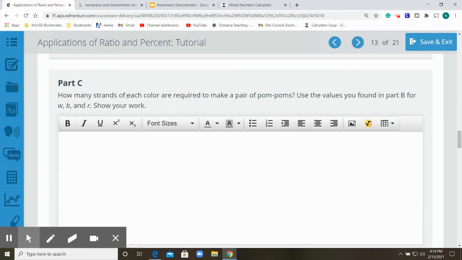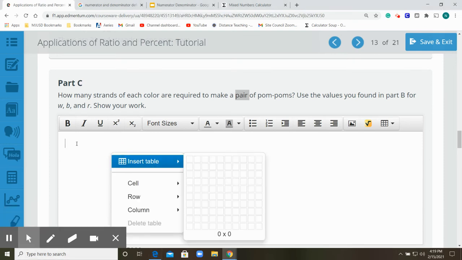Part C, how many strands of each color are required to make a pair of pom-poms? So, this may seem relatively simple. It is. All we are doing is multiplying the answer by 2.